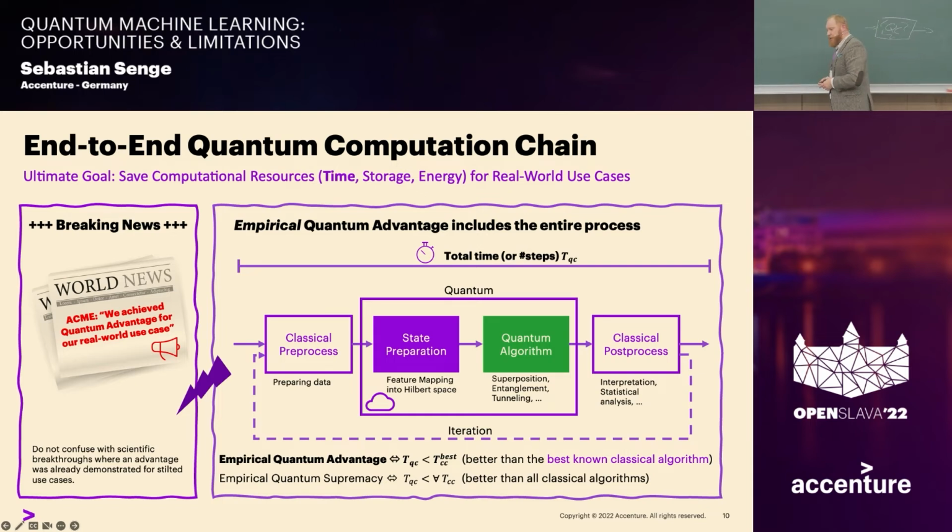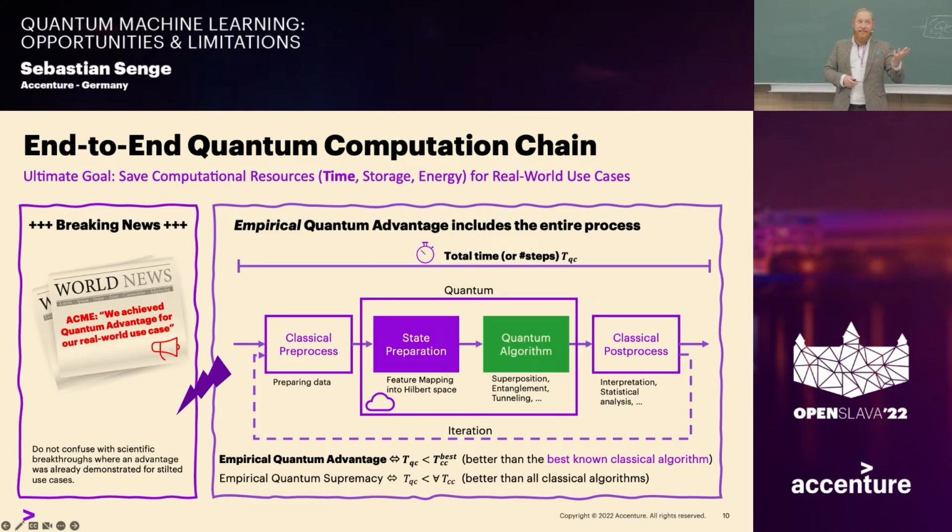But the point here is that quantum algorithms, the green part here, are just one step in the execution of an entire quantum processing pipeline, if you want to call it that, right? You have preparations on the classical side, you also have post-processing, and you have quantum state preparation. And that, for some algorithms, requires also an exponential number of steps, or at least a quadratic number of steps. And we've heard that typically that is the benefit that we can get out of quantum algorithms.